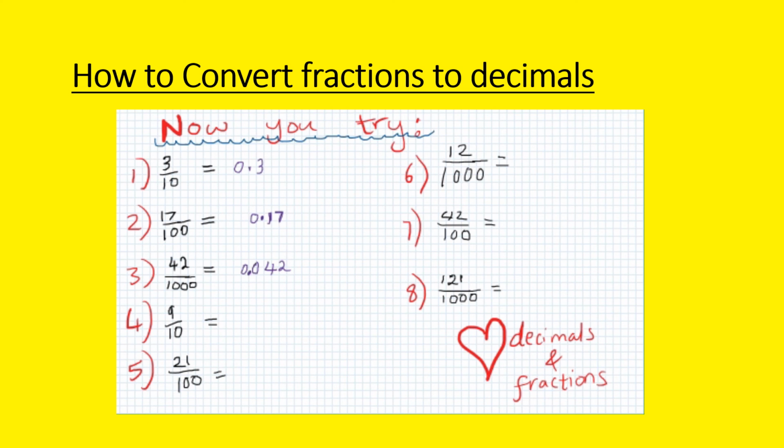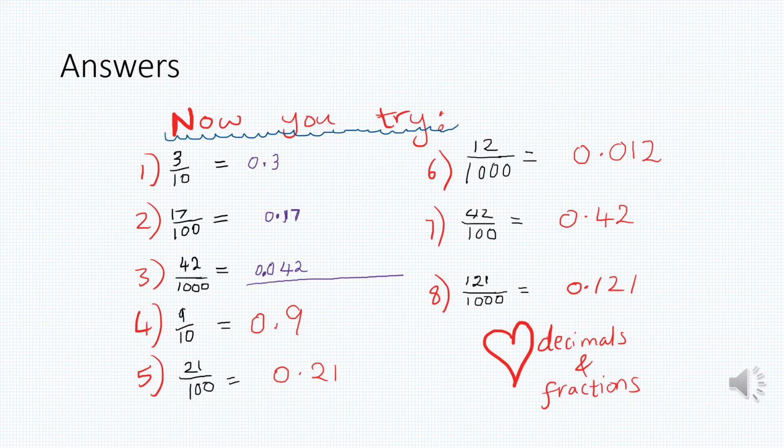All right. Have a look at these notes. I'm going to draw a line underneath mine. Here are the answers. Press pause if you don't want to see them, and have a look at how you've done. Have you got them all correct? If you haven't, do not worry, that's great news.